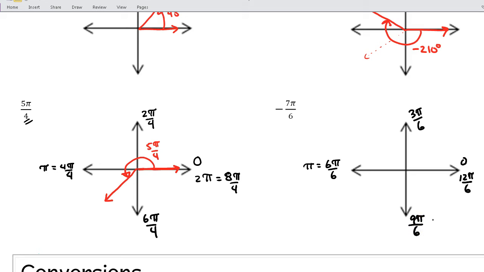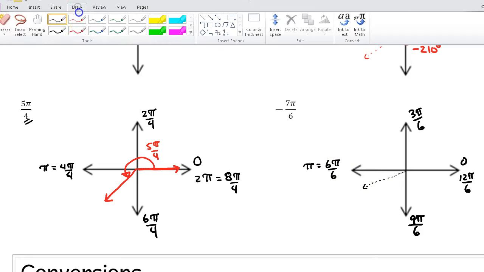Okay, and this is where that trick of reflecting over the x-axis to get the negative might come in handy. If it was positive 7 pi over 6, I can see it would be right about here. Because 6 pi over 6 is 180, so I have to be 1 more pi over 6 past 180.